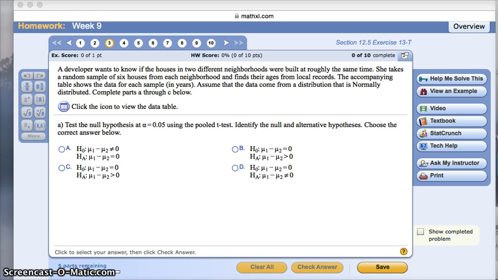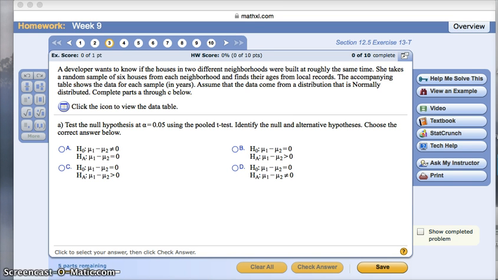We're going to use the pooled t-test, and we need to identify the null and alternative hypothesis from the list that we have. Let's think about what the problem tells us. A developer wants to know if the houses in two different neighborhoods were built at roughly the same time, which means the mean ages of these two neighborhoods would be the same.